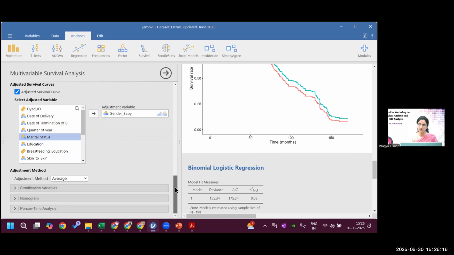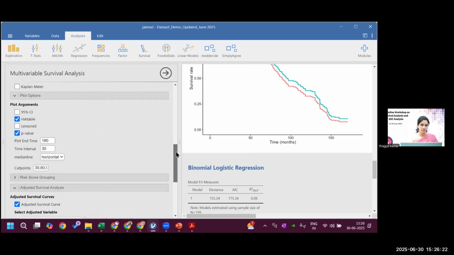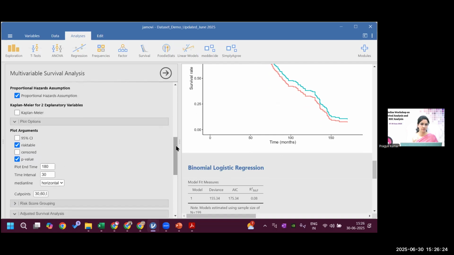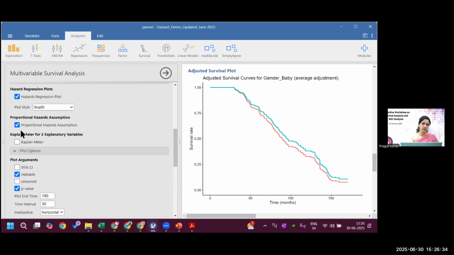No, it is not here. That upper one, if you plot it, then they have this.